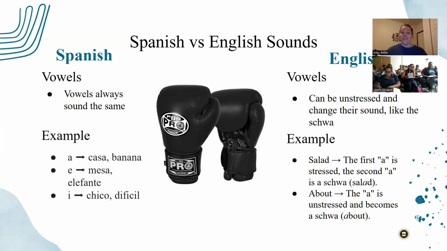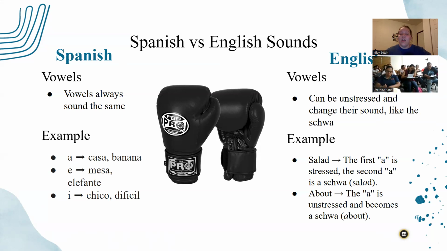Spanish is not my first language, so bear with me here on how I pronounce some of these words. But the A sound in casa and banana is going to be that same A sound. And then E in such as mesa and elefante, it's going to be that same sound. And then I in chico and difícil always is going to have that same I.